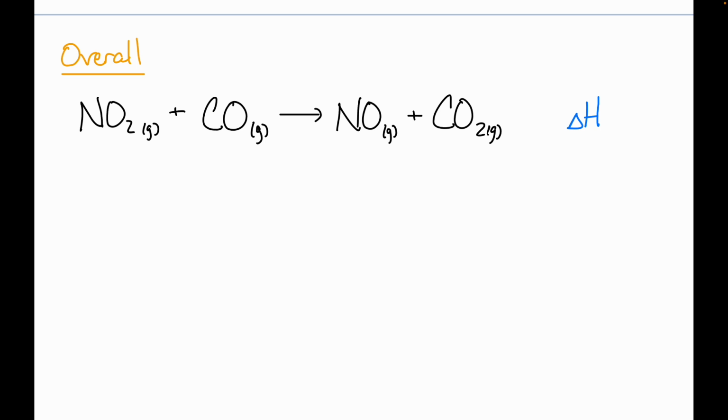We want to figure out what the delta H of this overall reaction is.